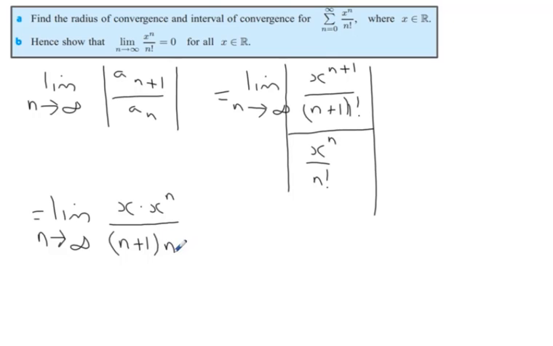If we divide by a fraction, we multiply it by its reciprocal, so that's going to be n factorial over x to the n. And remember, it's the absolute value of all of that. Now we look to cancel. We can take the x to the n with the other x to the n, and the n factorial with the n factorial.